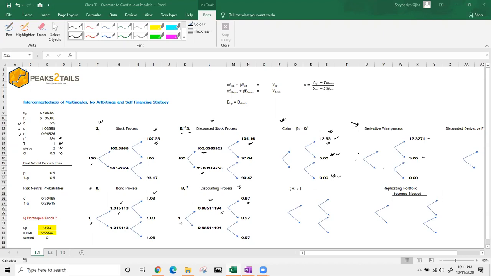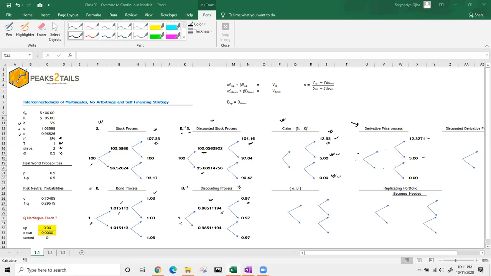So we have used the replicating portfolio strategy. Basically we'll synthesize a portfolio consisting of stock and bond, right? And replicate the option payoff. If we can exactly match the option payoff, then the replicating portfolio will be exactly equal to the option. The value of the replicating portfolio will be the value of the option. That's the whole idea.